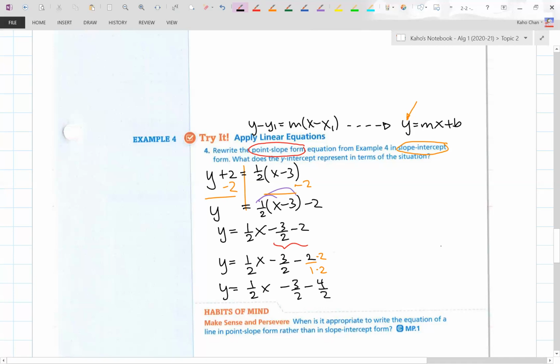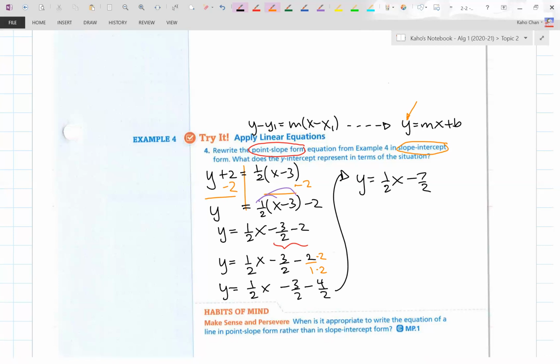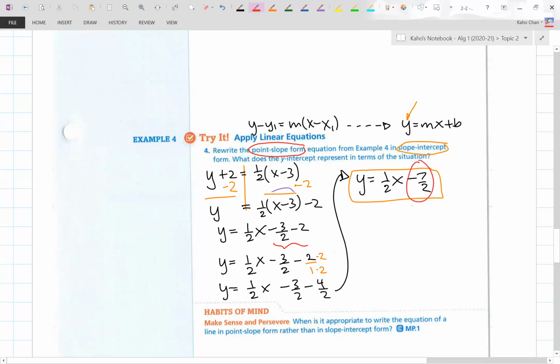Negative 3/2 minus 4/2 is y equals 1/2 x minus 7/2. Okay, there it is. What does the y-intercept represent in terms of the situation? This is where the graph crosses the y-axis. It's an improper fraction, but if you convert it to a mixed number, it's 3.5.